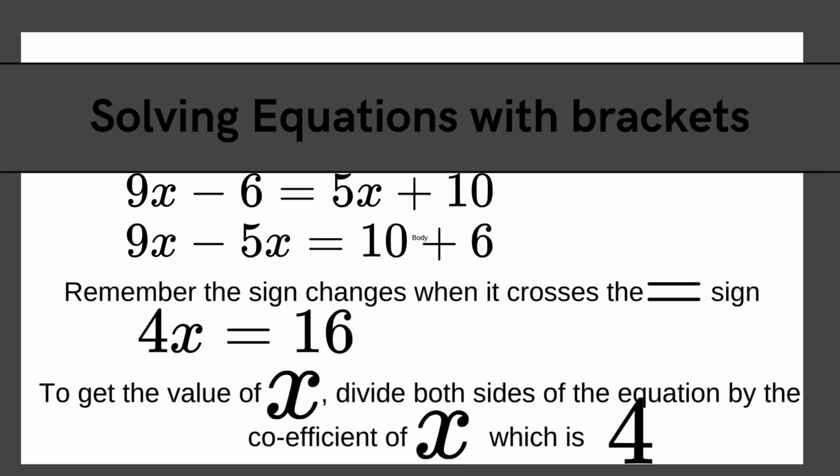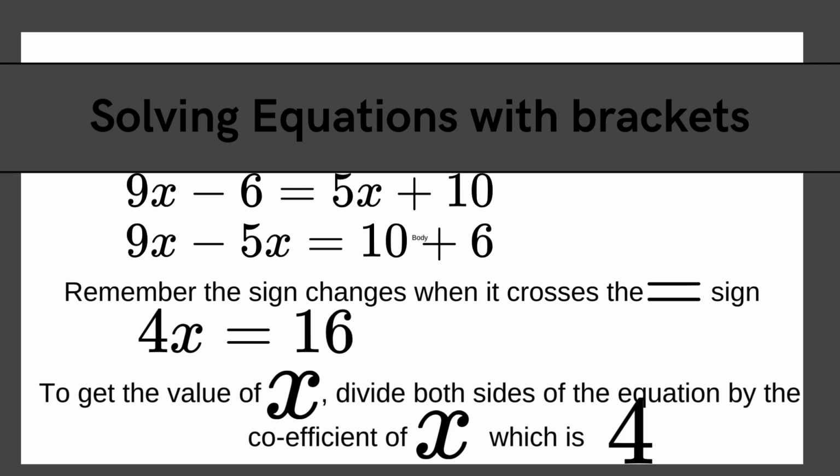How do we rearrange it? We bring all the variables with the x's to one side, which is the left hand side, and then we take all the numbers to the other side. So for the 5x, it crosses the equal to sign and becomes minus 5x. 9x minus 5x, we have that on the left hand side of the equation.